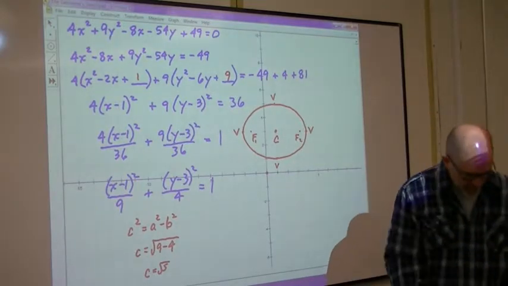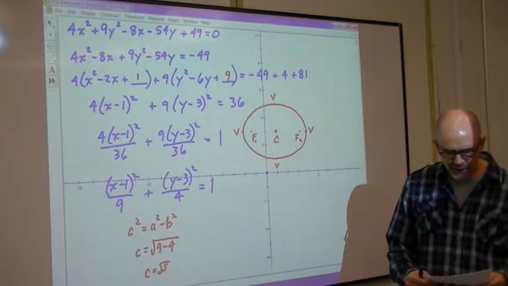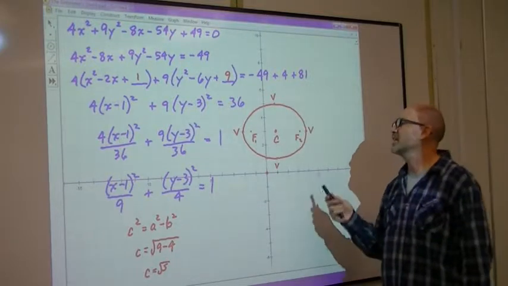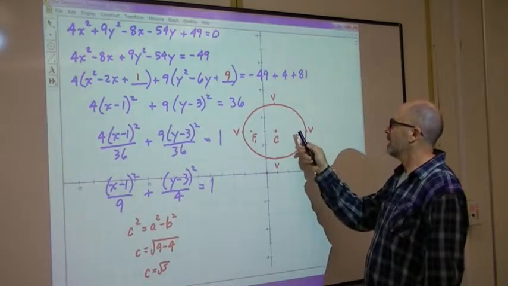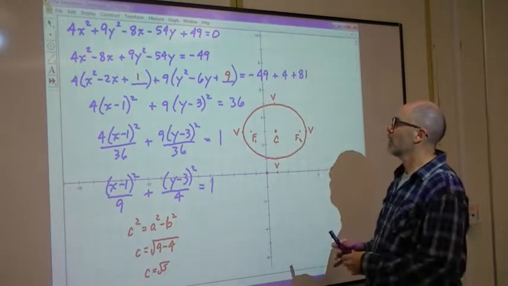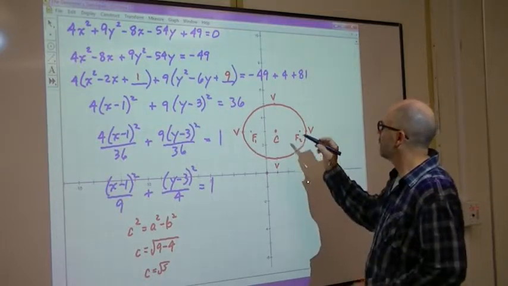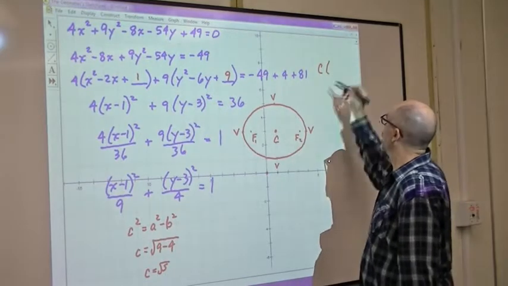Okay. Now, there's only one more thing to do, and that's talk about eccentricity. Oh, incidentally, they're going to ask you what the coordinates are for all these things. So you're just going to have to say, okay, the center is 1, 3.